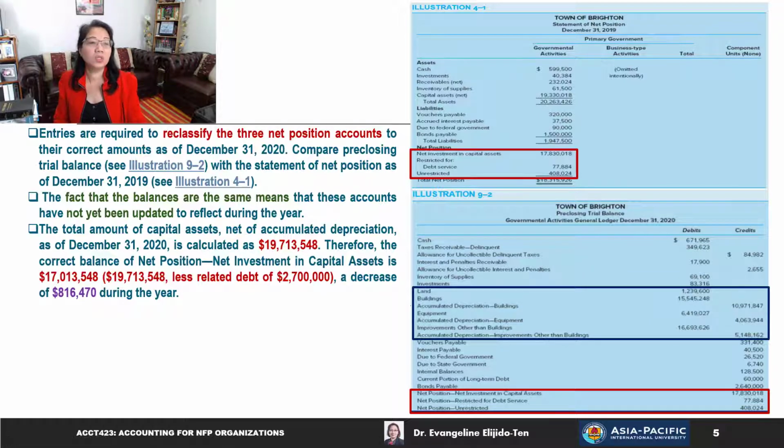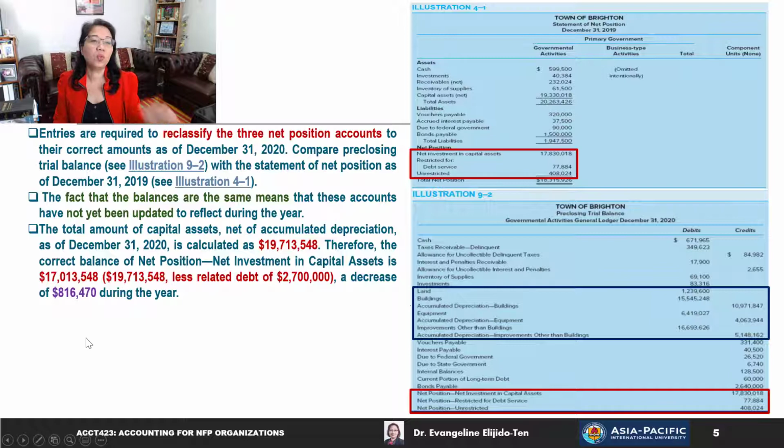All right. So the difference between the current amount as shown in net investment in capital assets and this figure that we have calculated is 816,470. So that's the adjustment that we need to make for the net position, net investment in capital assets.